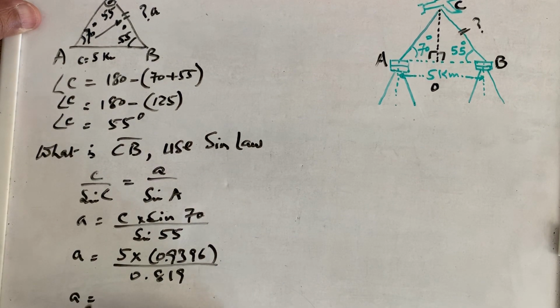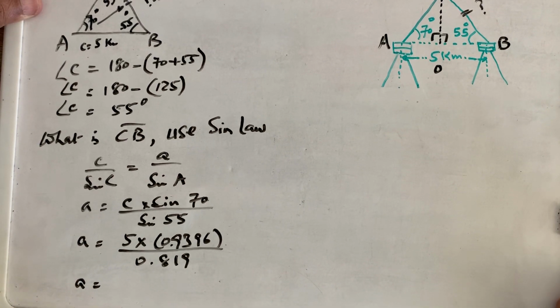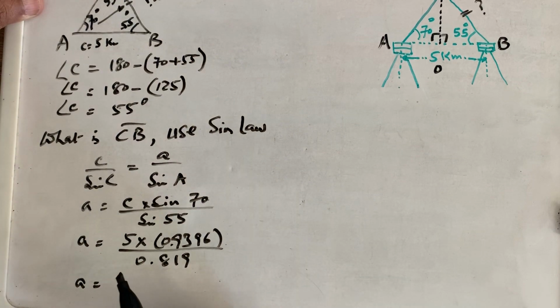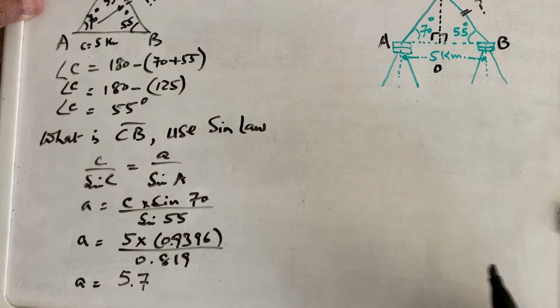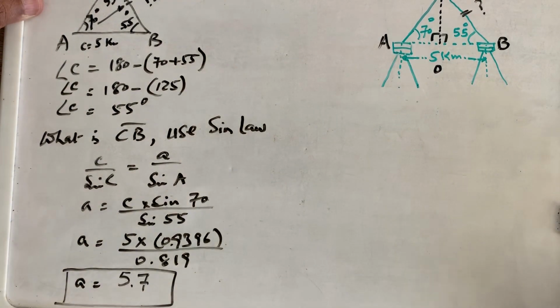You can calculate all the values on the calculator and get the answer. So your a will be 5.7. So this side we now know is 5.7.